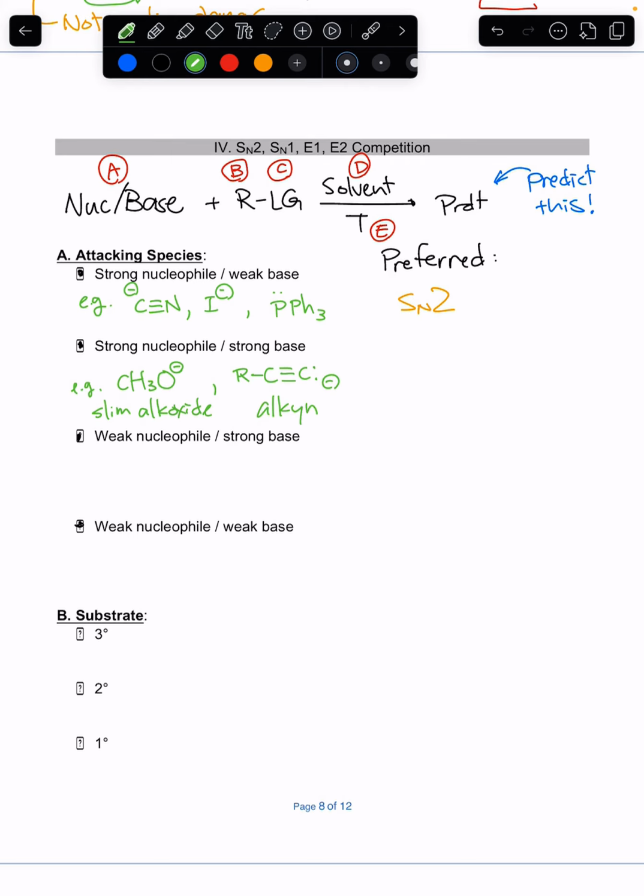Remember, an alkyne has the triple bond, and if you turn that alkyne into an anion, that becomes an alkynide ion. Remember that "ide" ending means anion. Now, these can do both SN2 as well as E2 because they're strong bases. So you're going to see competition between those two.